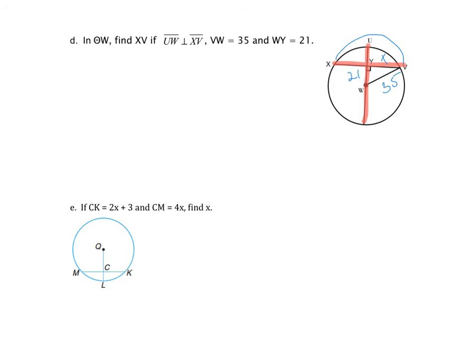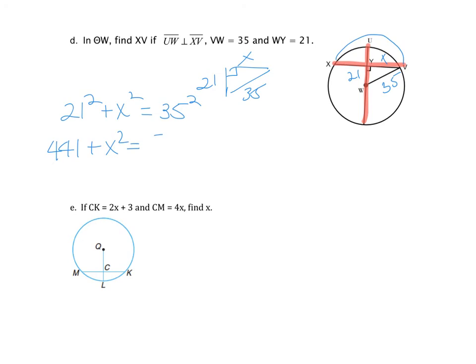First thing I'm going to do is solve for that one side of that right triangle. Again, we're going to use the Pythagorean theorem. Here's 21, 35. There's my right angle. Just kind of drawing it out of the circle for you. So I know that 21 squared plus x squared equals 35 squared. Doing the math to solve this now, I've got 441 plus x squared equals 1,225.